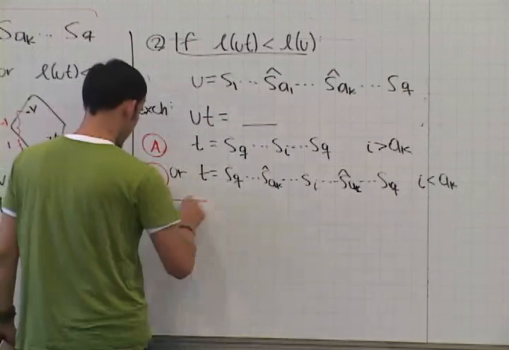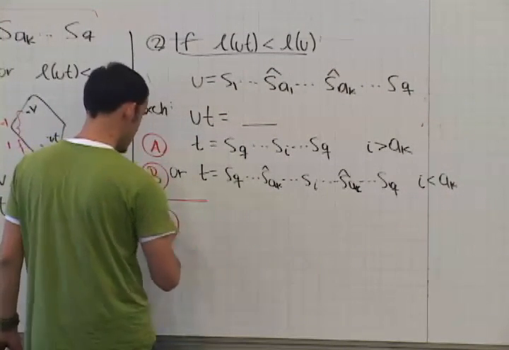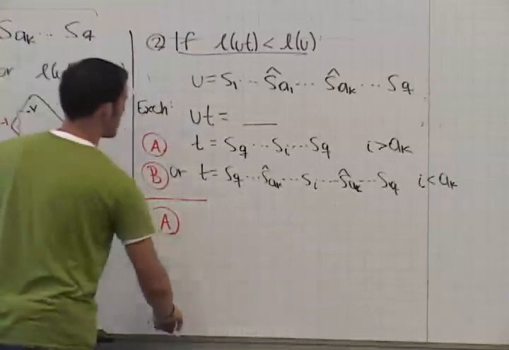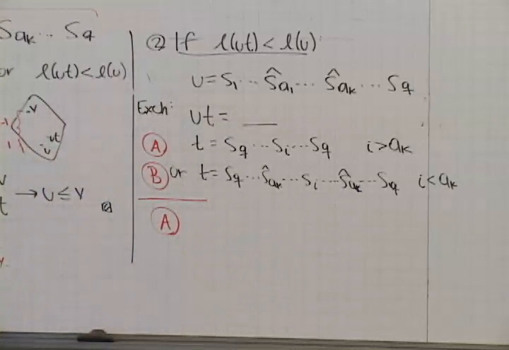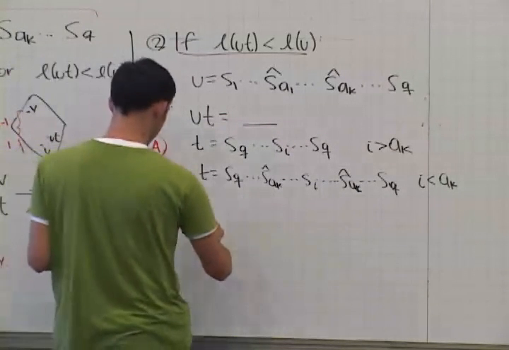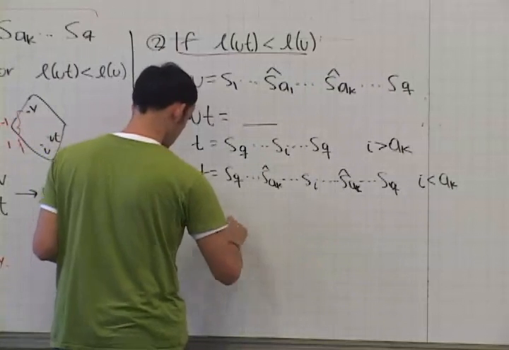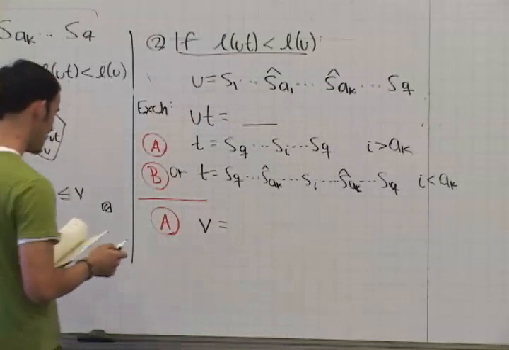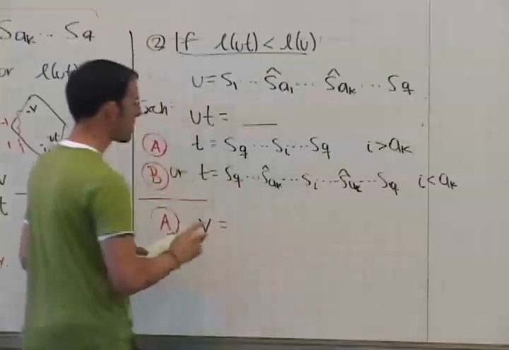So how do I prove that case A cannot happen? I do it in the following way. Let me just make a computation here. V is equal to, I mean, what's the point?